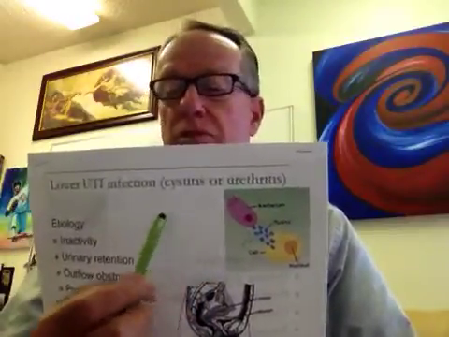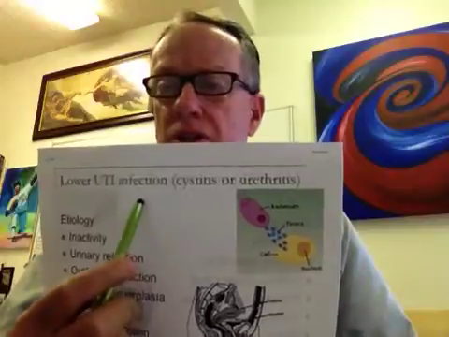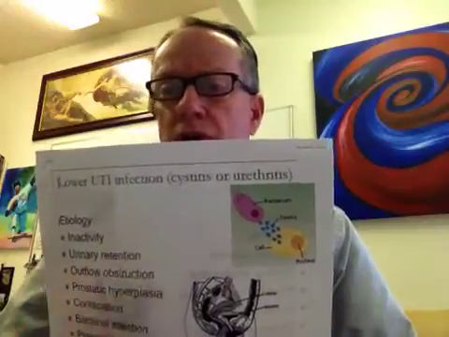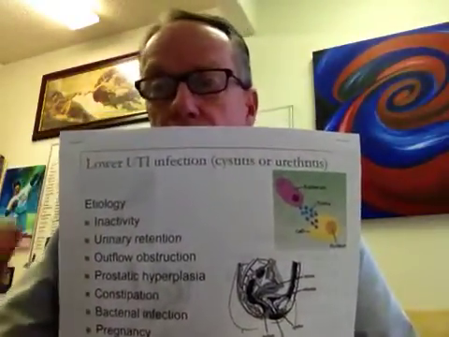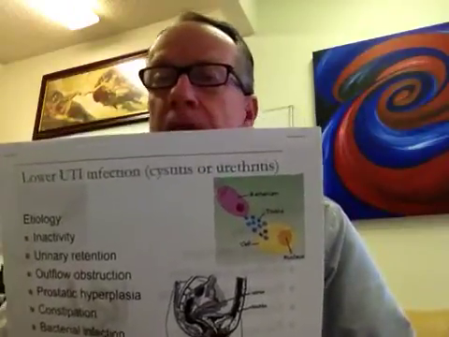Urethritis obviously is inflammation of the urethra. Cystitis is inflammation of the actual bladder. But here are causes for infection of the lower portion of the urinary system, called a UTI.